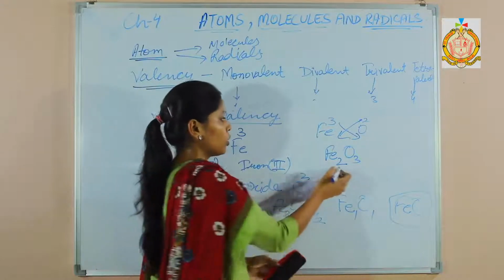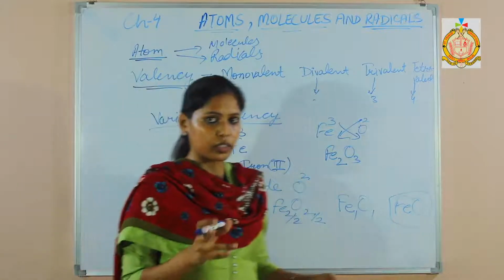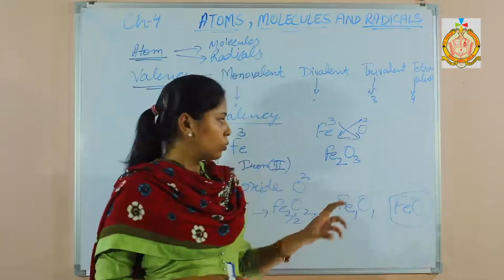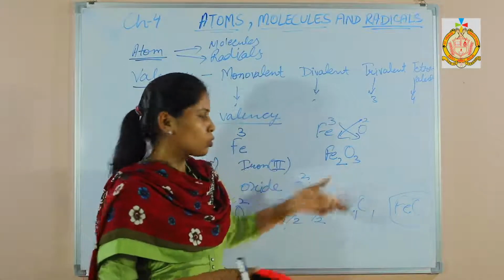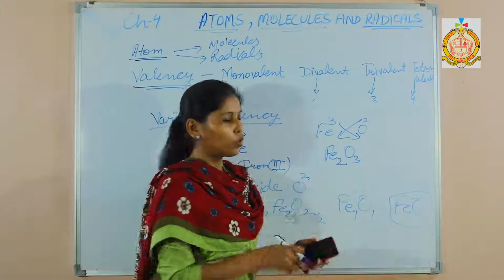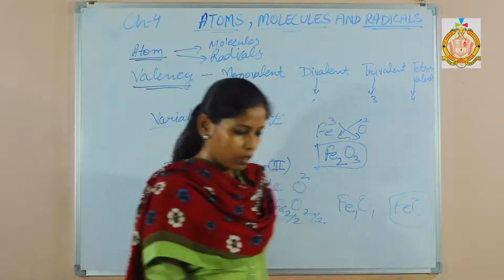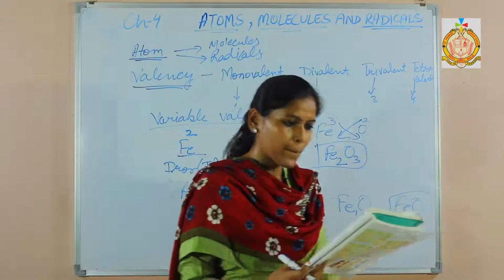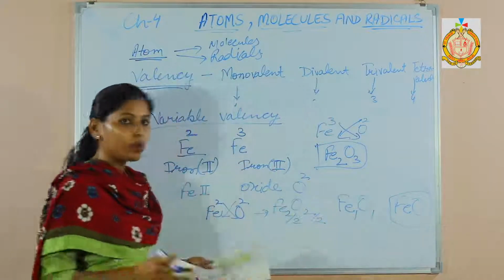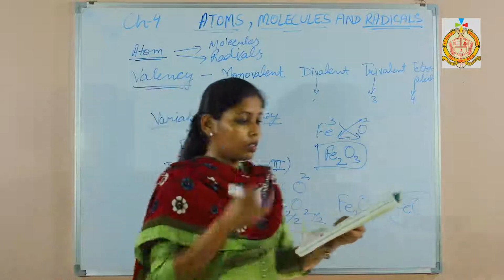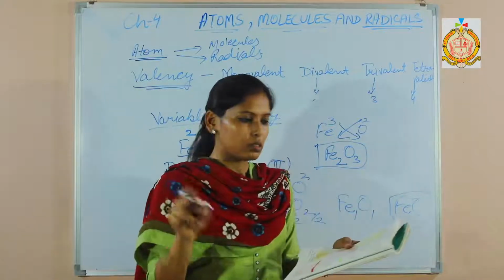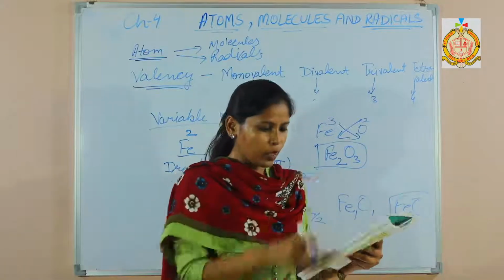No, there is only one factor, the highest common factor, that is 1. So no need to divide it by 1. The formula will be like this only, Fe2O3. Next one is copper. Example is also there, copper 1 and copper 2. Copper 1 has Cu 1 valency and copper 2 has Cu 2 valencies.